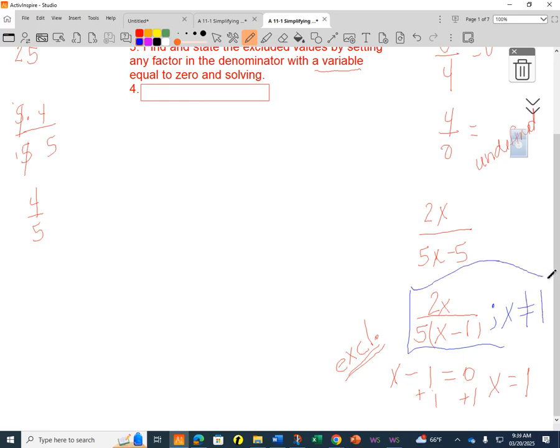So this is the simplified version of this expression, but we're going to write it in factored form for now. We had to factor the bottom so we know what the excluded values are. So that's one way to do it.